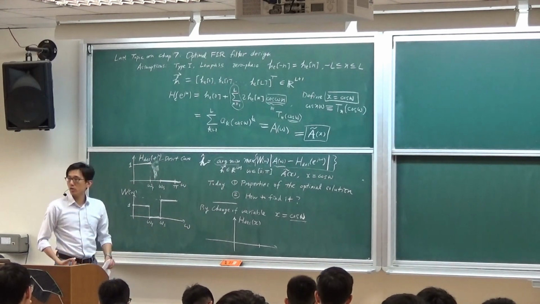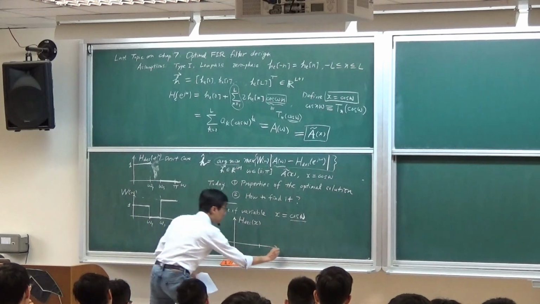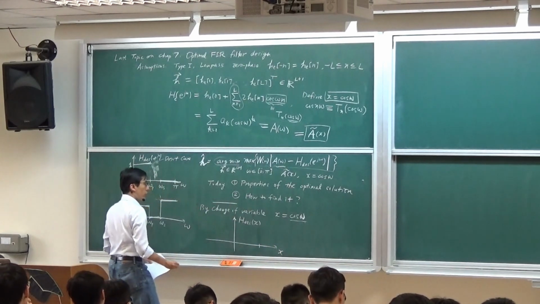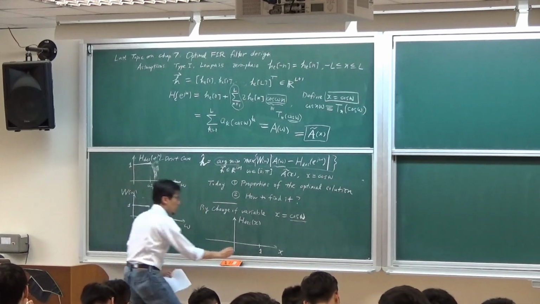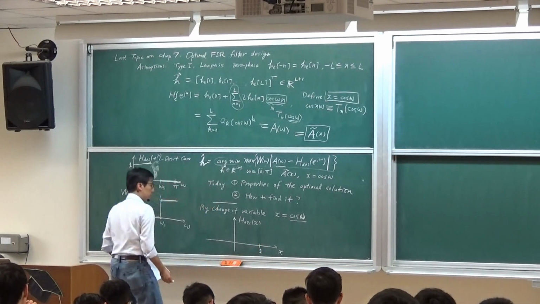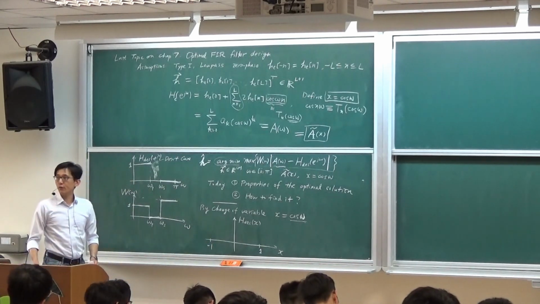Because cosine 0 is 1. So if now the horizontal axis is x, then we know 1 is DC. And minus 1 is pi, the highest frequency.